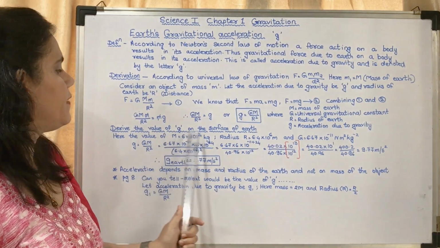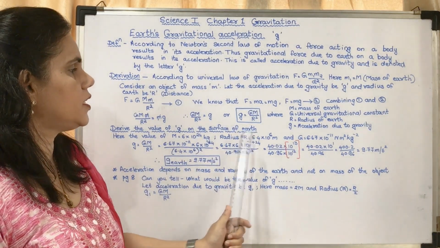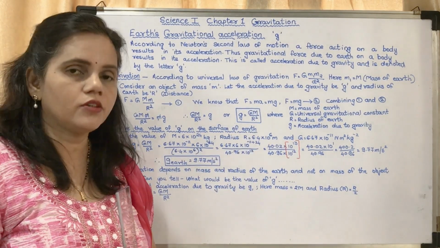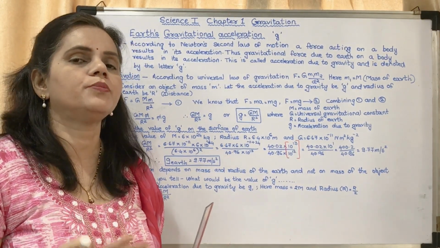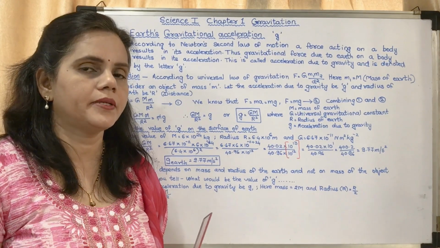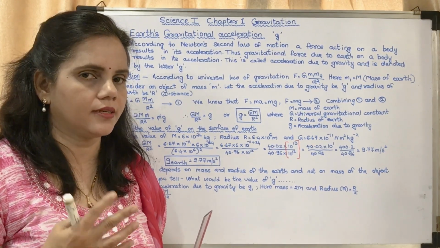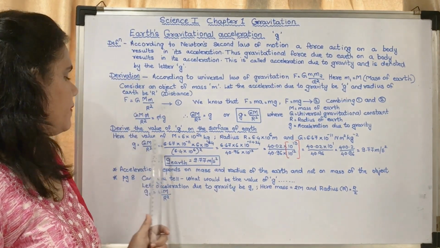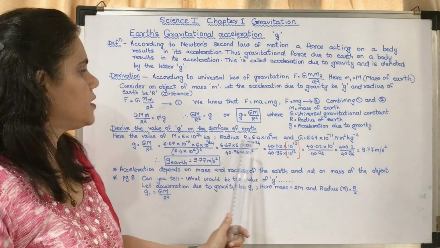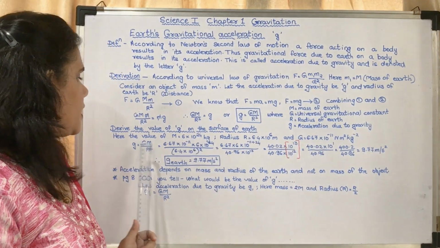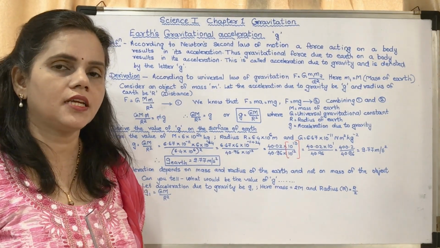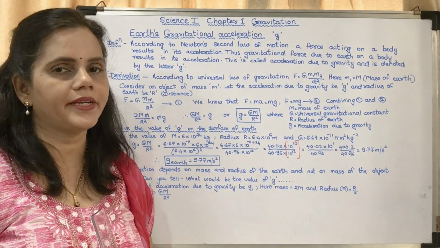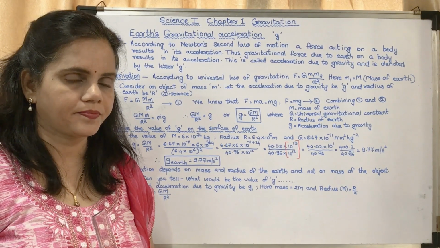From here, derive the value of g on the surface of the earth. If you have to find out the value of g on the surface of the earth, you should know the values of capital G, capital M and capital R. That's all. So here the value of M is this much, R is this much, G is this much, and substituting the values you are getting g on earth is equal to 9.77 meter per second square.